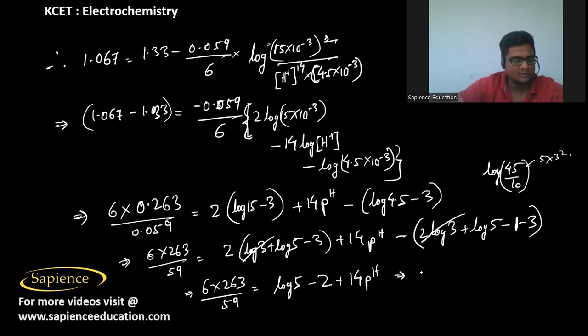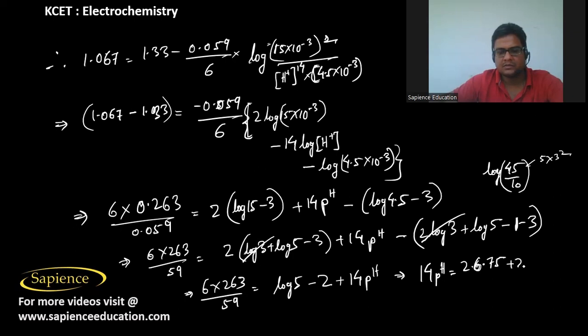Therefore 14 pH is equal to 6 into 263 divided by 59, so that is 26.75 approximately.